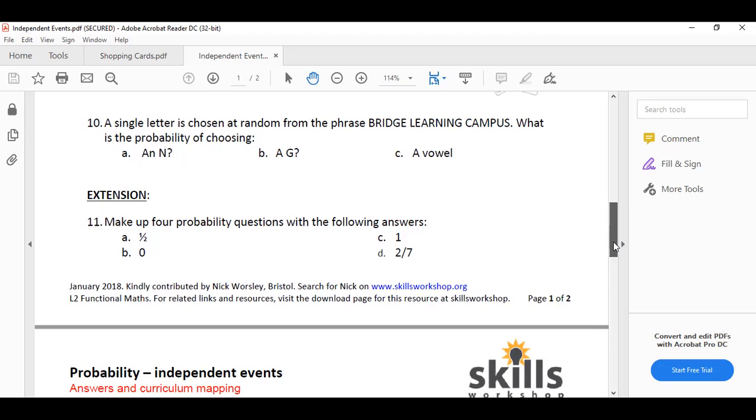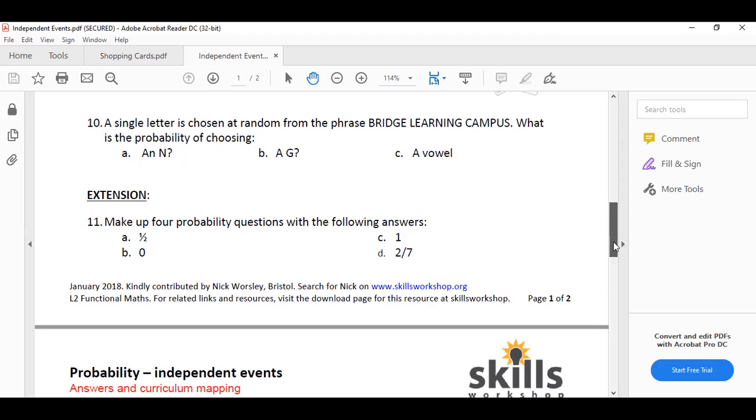Number 10, a single letter is chosen at random from Bridge Learning Campus. What is the probability of choosing an N, a G, or a vowel? If you're not sure what a vowel is, again, do look it up. It's a certain few letters in the alphabet.